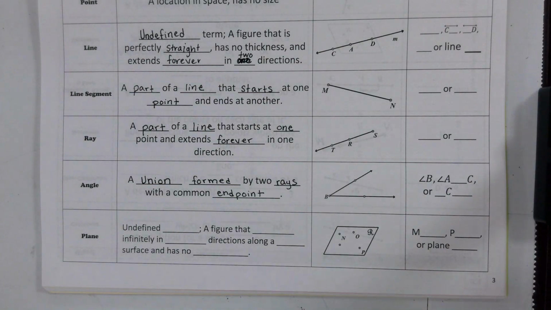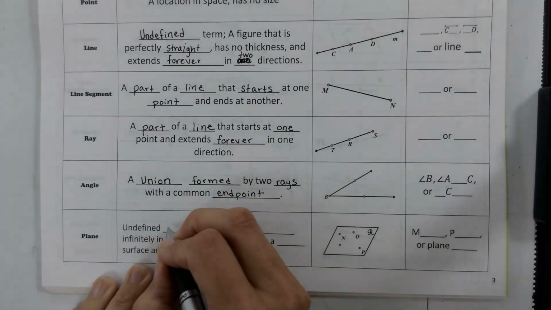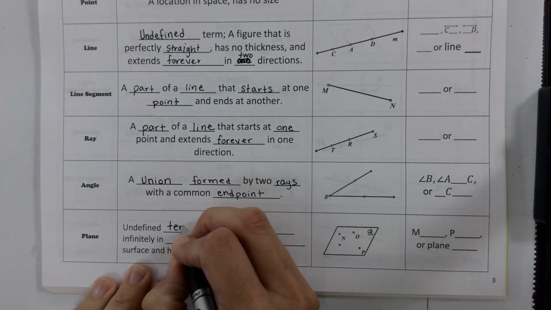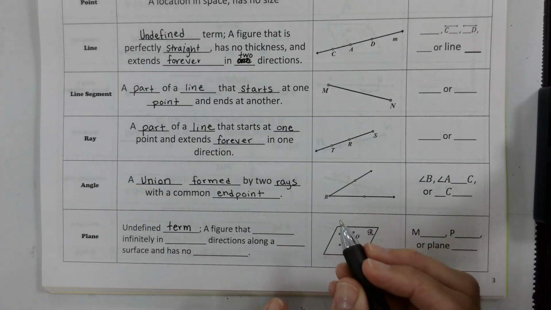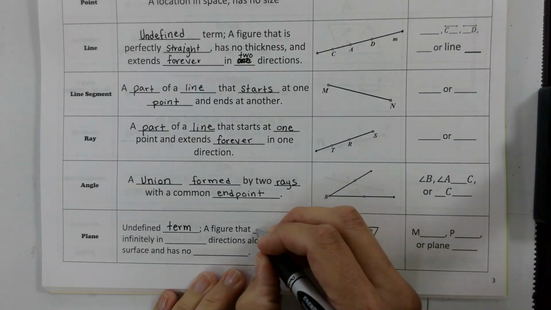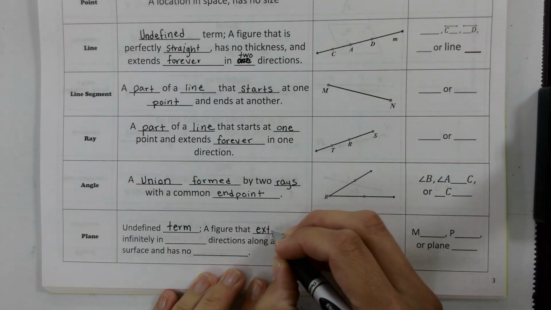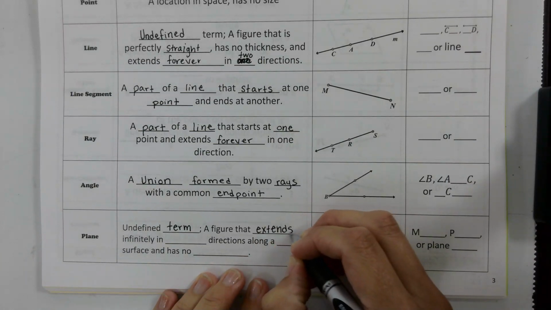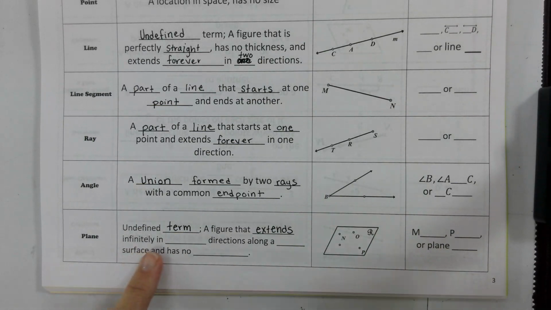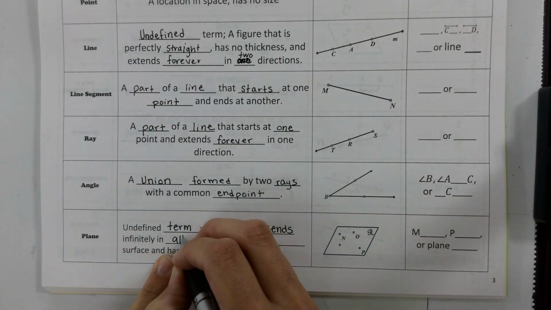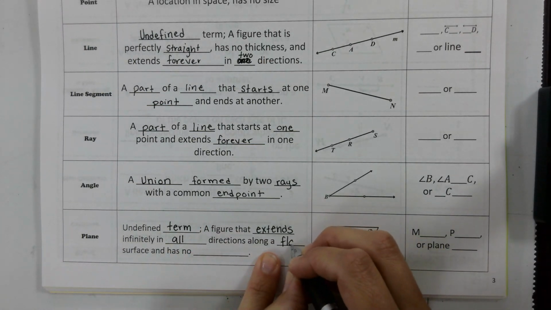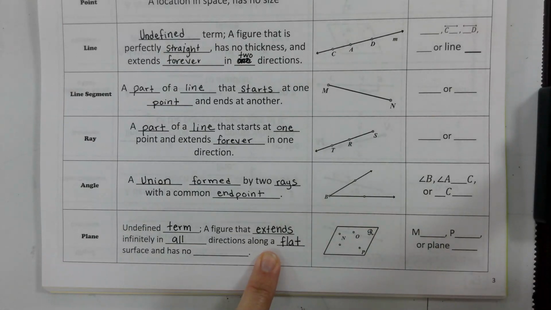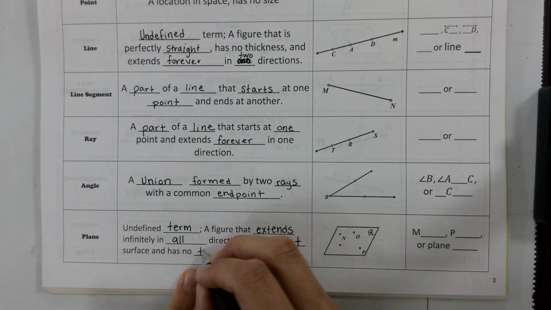Down at the bottom, our last one on this page is our last undefined term. The plane is a figure that extends indefinitely in all directions along a flat surface and has no thickness.